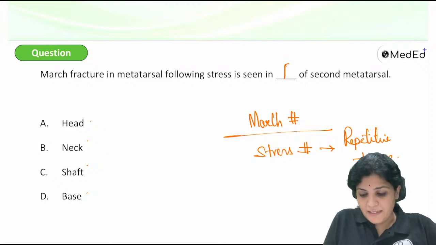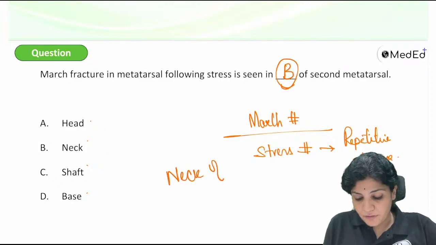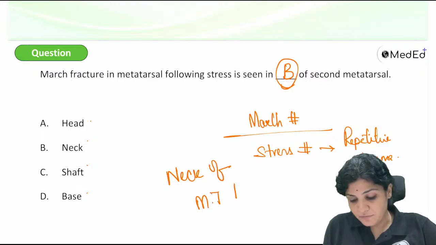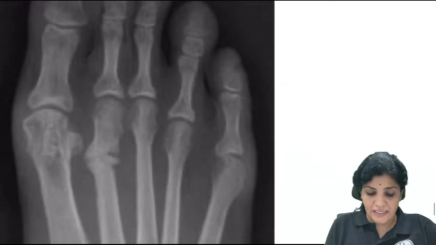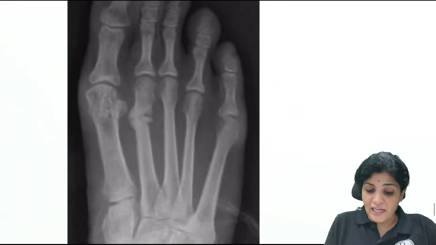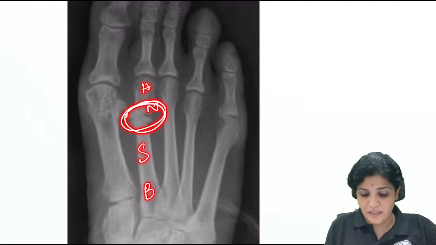No, this is the base. I mean, sorry, the neck. Neck of the metatarsal fracture. Not the head, it is the neck of the metatarsal fracture. So this is your March fracture where you see the fracture is the neck. This is the head, neck, shaft, and base.